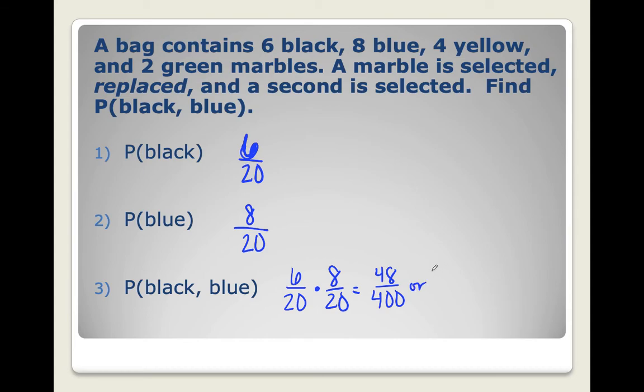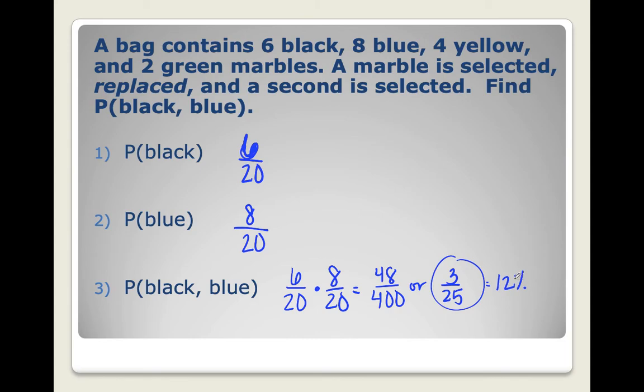Or, as we know, we should put these in simplest form, so we can also write this as 3 out of 25. This is a 12% chance.